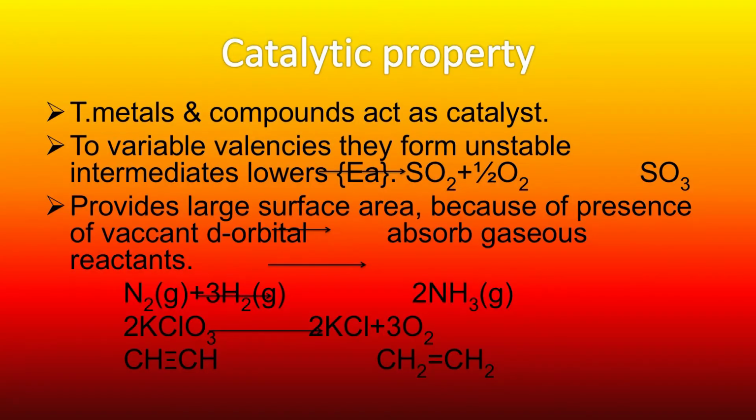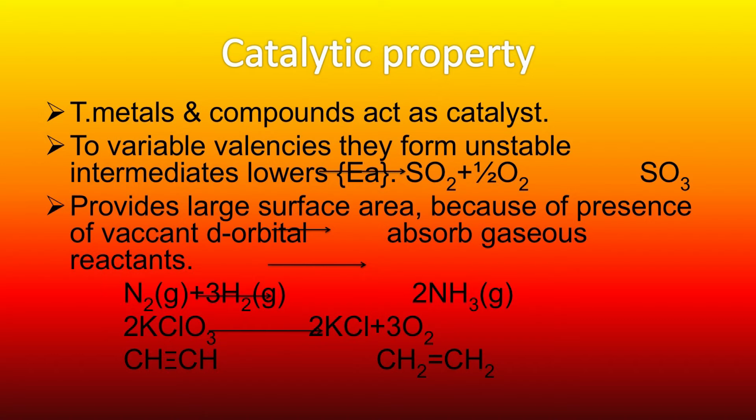So next is your catalytic properties. Catalytic property of transition metals. What are catalysts? Catalysts are chemical substances added externally to a reaction to accelerate the speed or to increase the rate of reaction, or to decrease the rate of reaction.